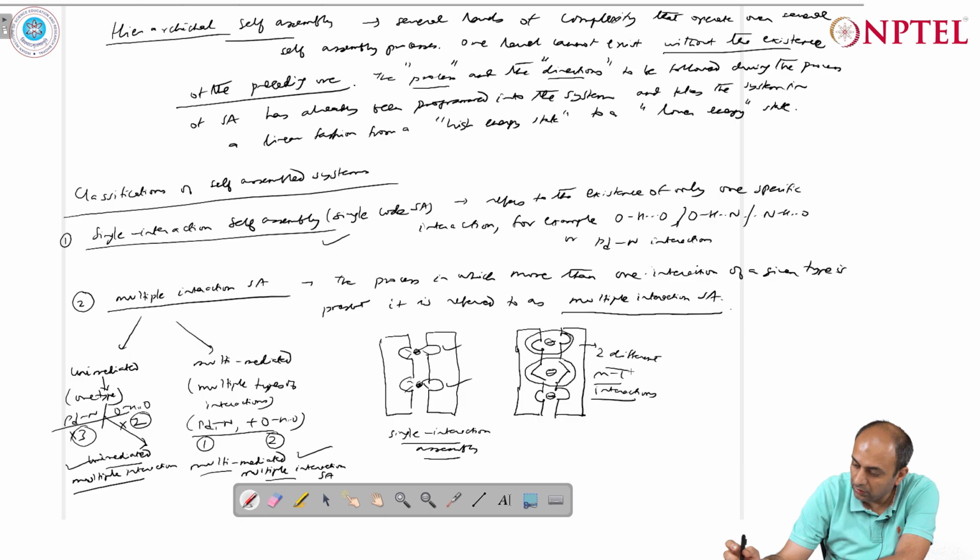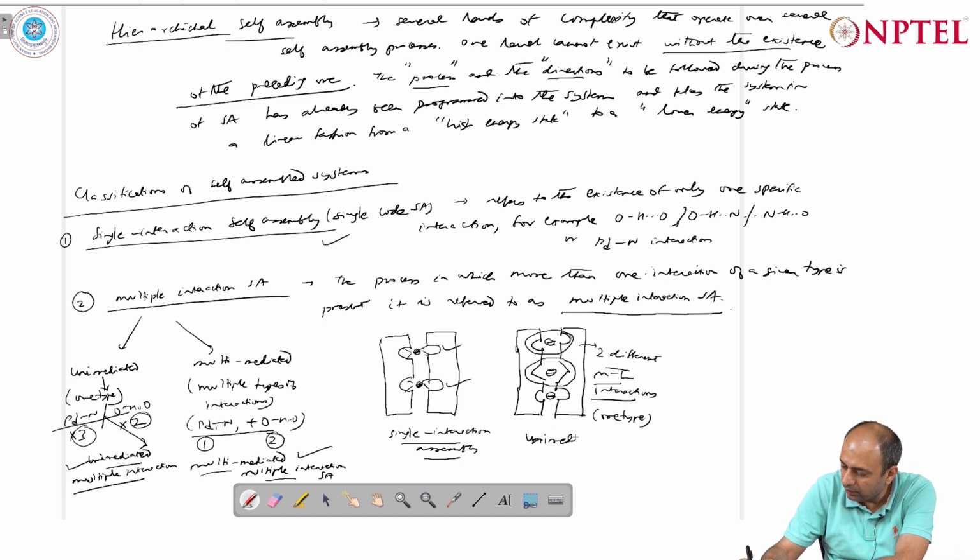So, although we have got two different metal ligand environments, they are still referred to as unimediated assembly, because although there are distinct interactions, there are different types of interactions, they all belong to the same type. So, because the type is the same, that is, there is only one type of metal ligand interaction, but they exist in different coordination environments, we call it unimediated multiple interaction assembly.